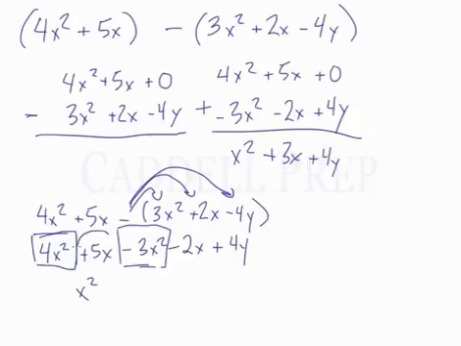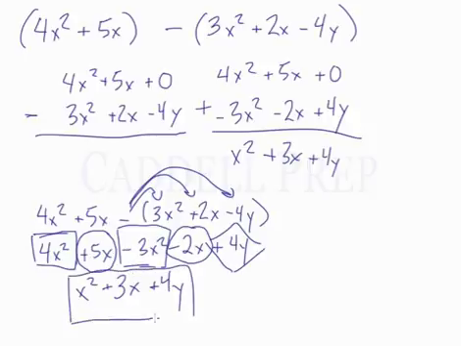Look at the x term, so this is going to be positive 5x, this would be negative 2x. When we add those together, 5 plus negative 2 is 3x. And then we just have one term with the y in it, so plus 4y. So this is our answer, x squared plus 3x plus 4y. And we get the same answer doing it with this method, x squared plus 3x plus 4y.